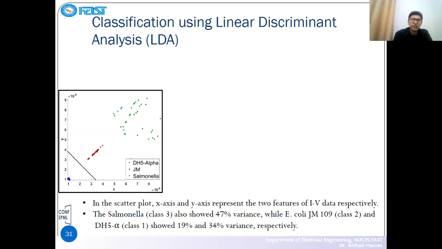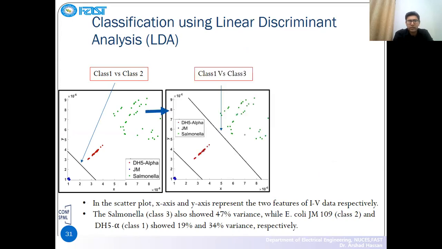The last one is the linear discriminant analysis. In linear discriminant analysis, we have used a scatter plot where the x-axis and y-axis represent 2 IV features. First, we distinguish class 1 and class 2. So here you can see first we distinguish between GM109 and DH5 alpha.